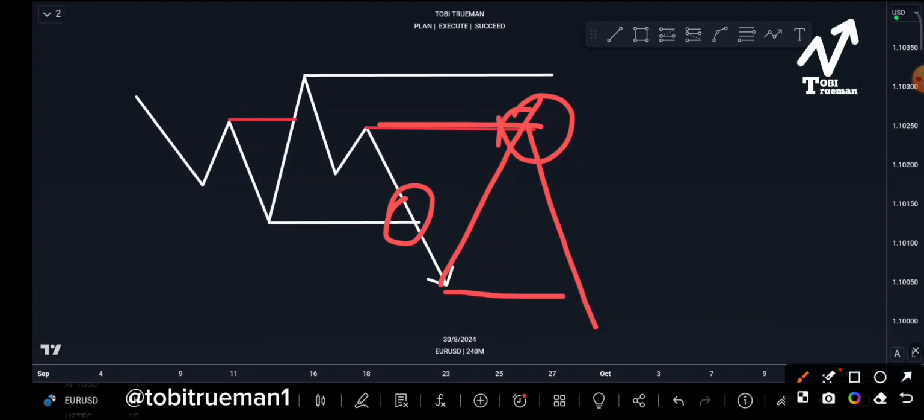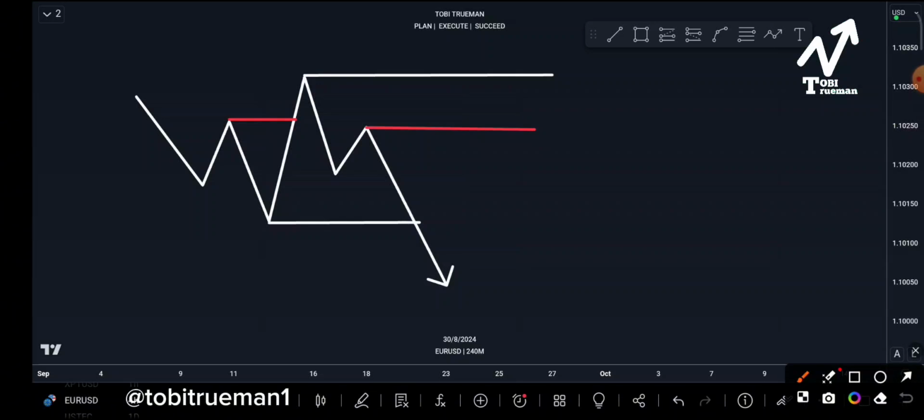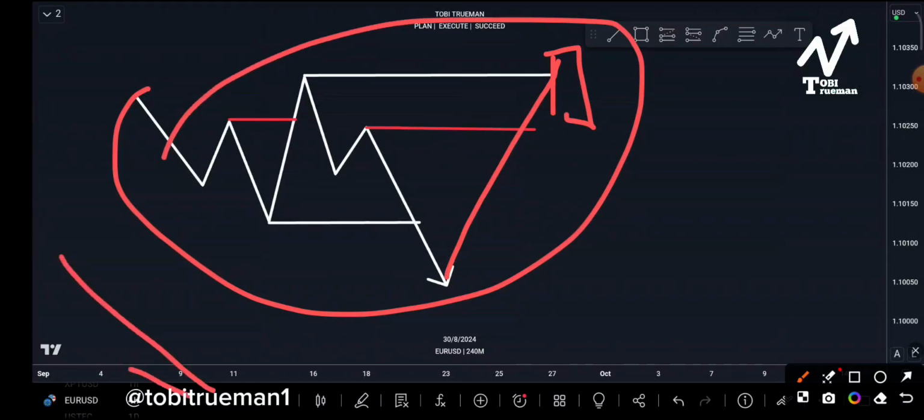But if price also comes and takes out this high point and gives us our entry, we also trade downward. This particular scenario changes when price has come to this high point and given us a candle body closure. Then this market has now changed structure from downward movement to upward movement. Why?